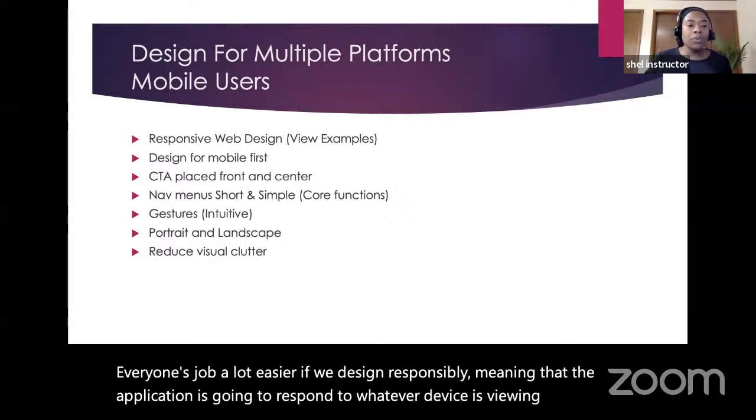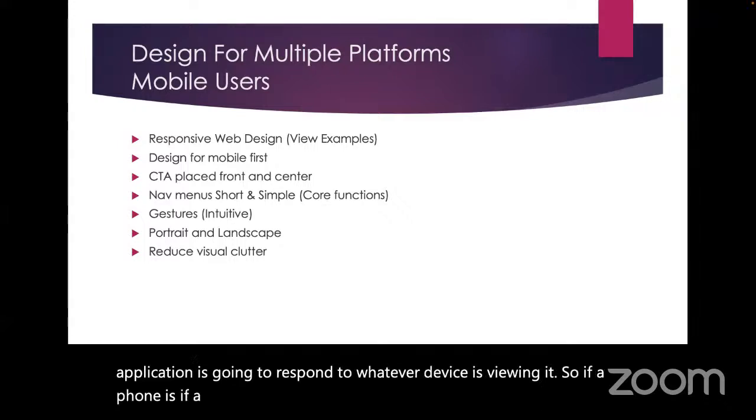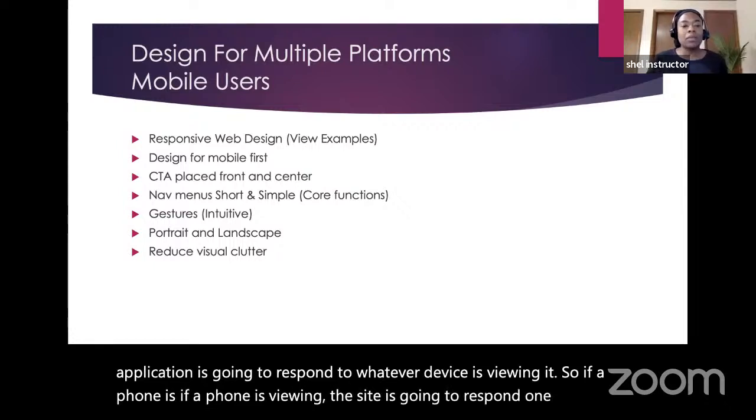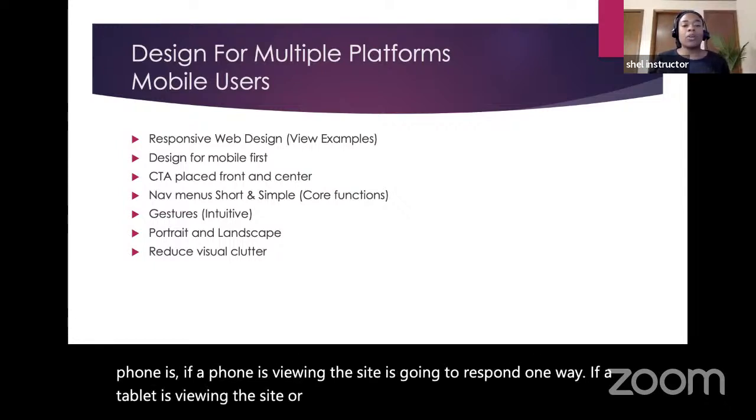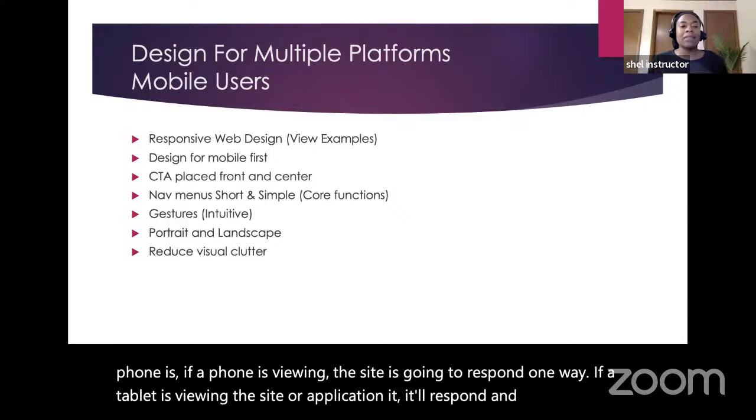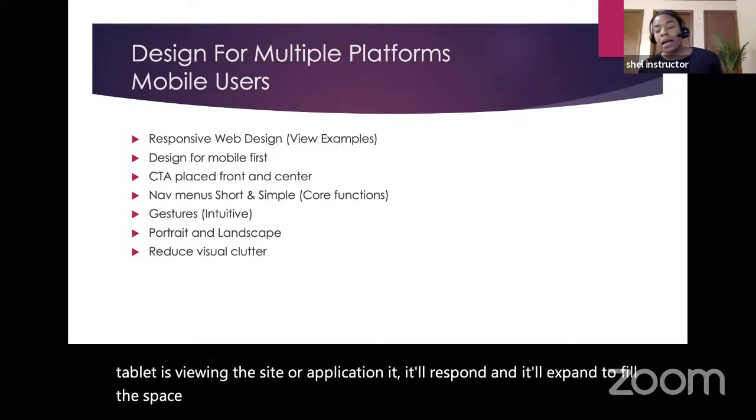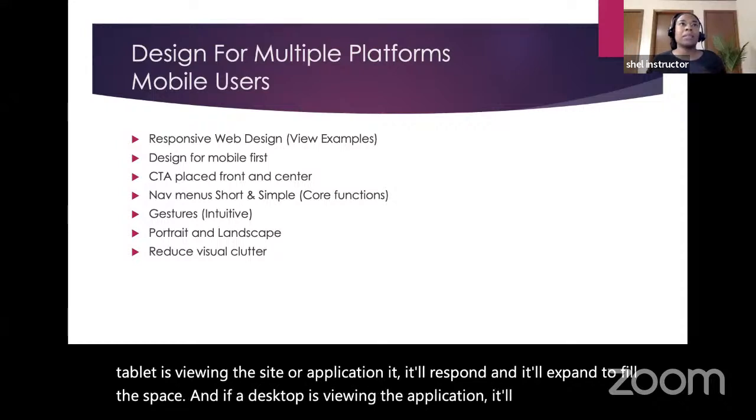So if a phone is viewing the site, it's going to respond one way. If a tablet is viewing the site or application, it'll expand to fill the space. And if a desktop is viewing the application, it'll expand to respond to the space.